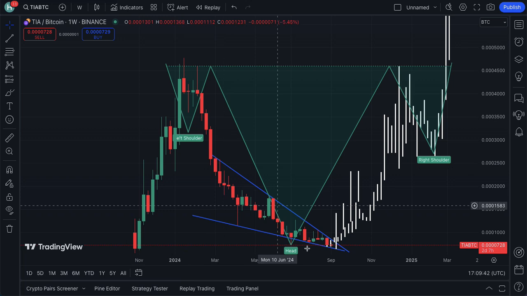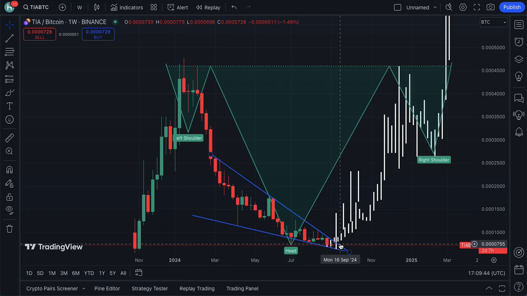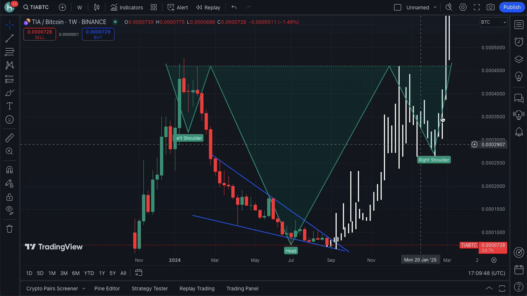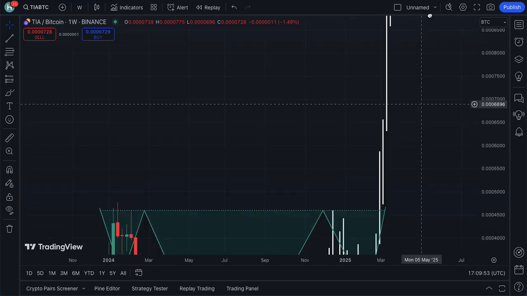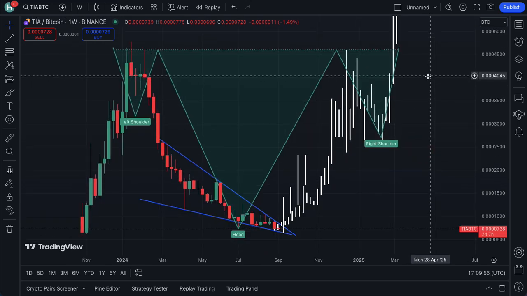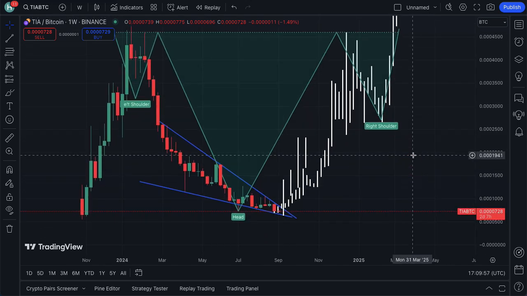If we get out of the falling wedge, right now it's around 728, we can pretty much 10x in valuation, which in USDT terms is over 30x, because I think Bitcoin will triple from today's price by the second or third quarter of next year, and potentially TIA can go 30-35x.